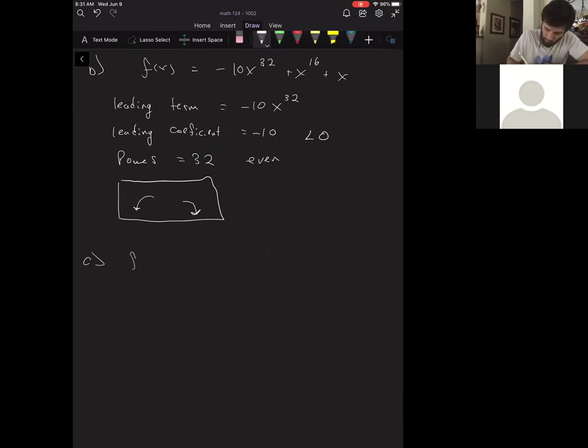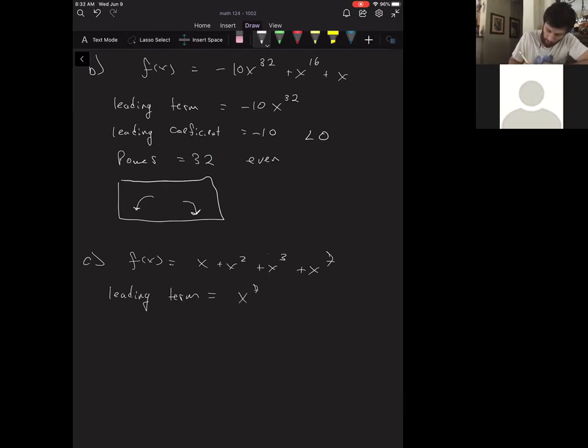Okay, so how about f of x is equal to x plus x squared plus x cubed plus x to the 7. Here, our leading term, the term that has the highest power, is this x to the 7 term.